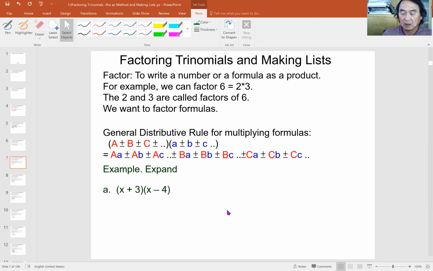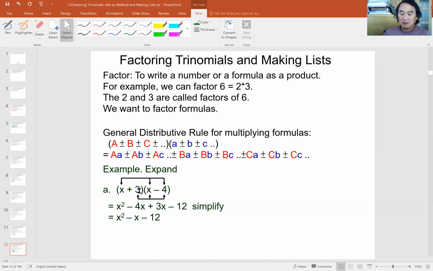Okay. And if I do these two binomials, two terms, then the process we call FOIL. We multiply the front and the middle, the outside, inside, and the last terms. Then we combine the like terms. And we arrive at something called the expanded version of the formula.